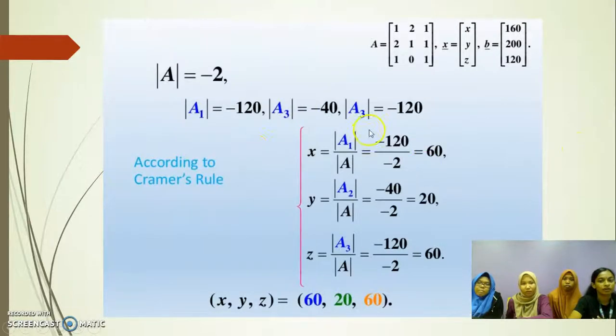Since we already have all the determinants, we use Cramer's rule to find the solutions for x, y and z, where the formula is determinant of A1 over A for x, and we repeat the same steps using A2 for y and A3 for z. Then we get the solution where x, y, z is equal to 60, 20 and 60 rupees for each kg of cotton. Thank you.